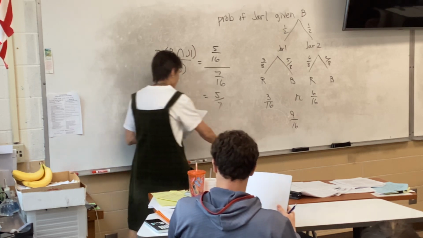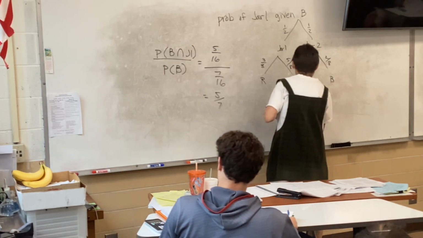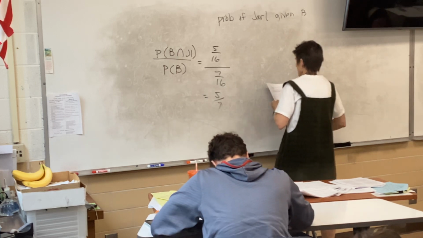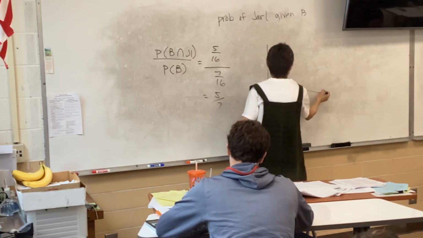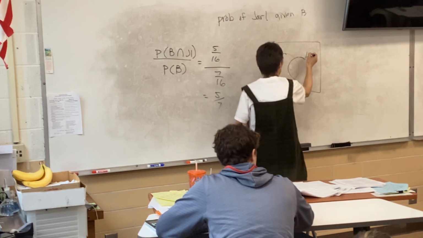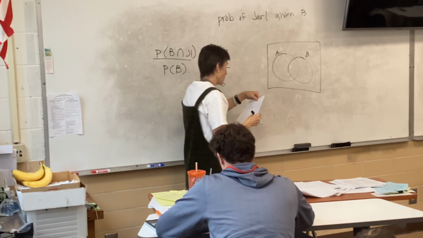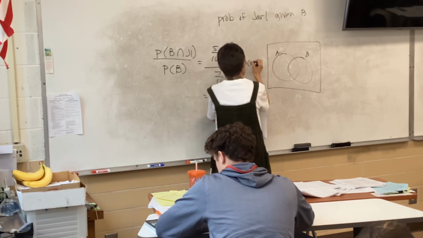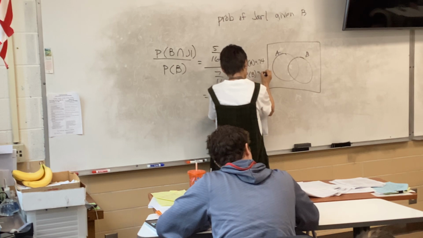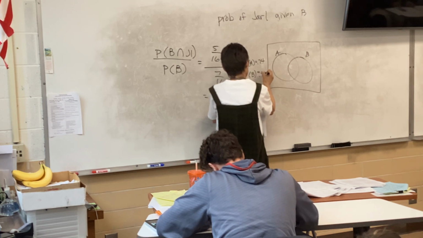A and B are events in sample space S. The probability of A is 0.74. Probability of B is 0.42.